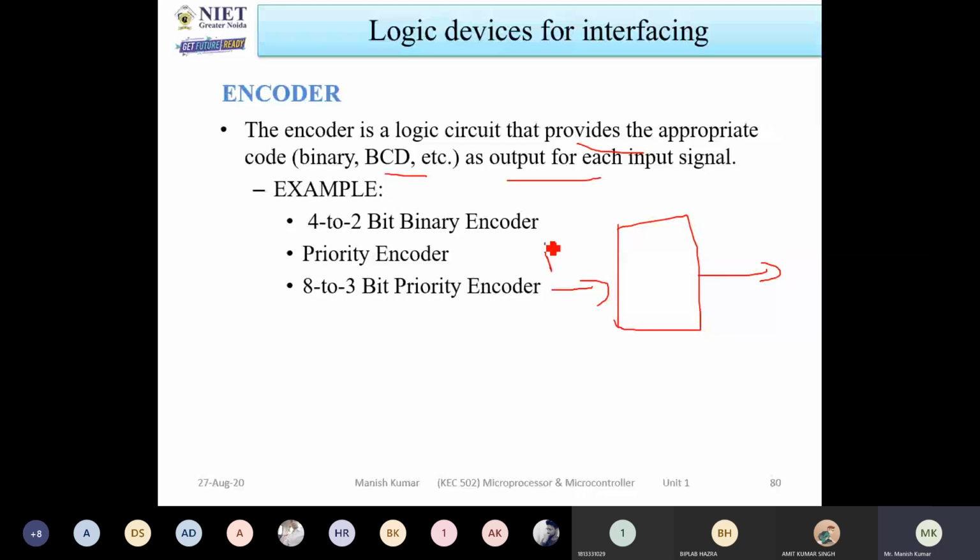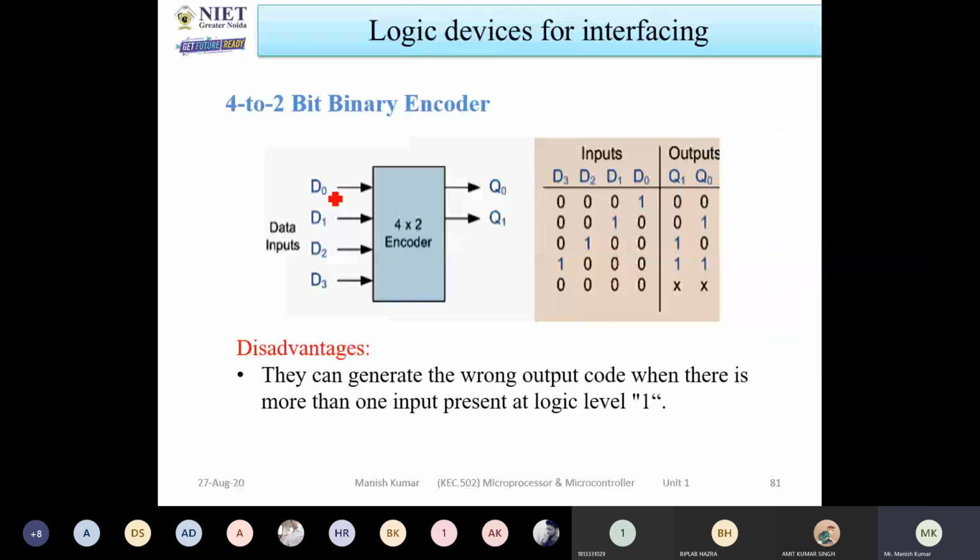Different types of encoders are there: 4 to 2 bit, 8 to 3 bit encoders, priority encoders. Now you can see this is the 4 to 2 bit binary encoder. Here 4 represents the inputs and 2 represents the outputs. So the output I am getting is either in binary or BCD.